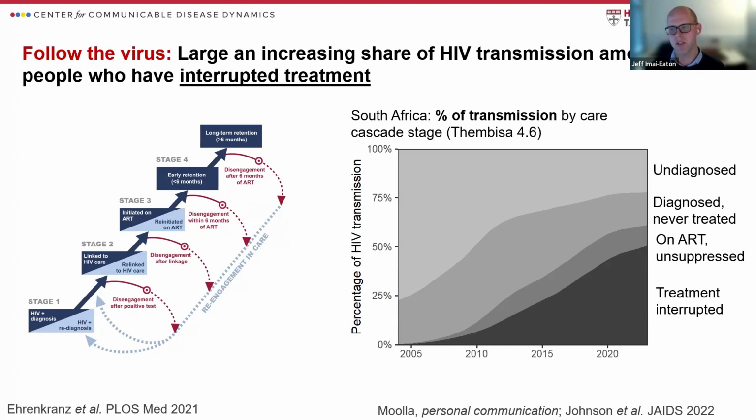And so increasingly focusing on, of course, continuing to diagnose and treat people with new HIV infections or who haven't been treated, but also focusing on people who have potentially interrupted treatment or are not virally suppressed as an important population that we need to reach in order to reduce new HIV infections in terms of where viremia is in the population.